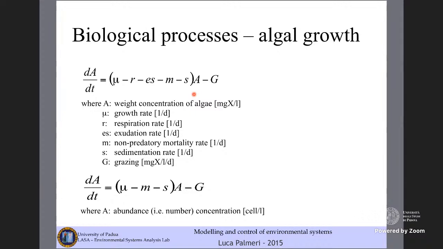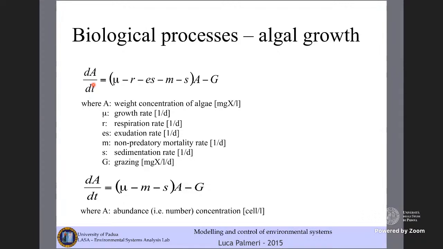Generally, we employ as a currency when we write this kind of model the concentration of algae. A, for example, may be measured in chlorophyll a, that is a proxy of the concentration of organisms. Or you may also write the same model by employing, instead of the concentration of algae, the abundance of algae.